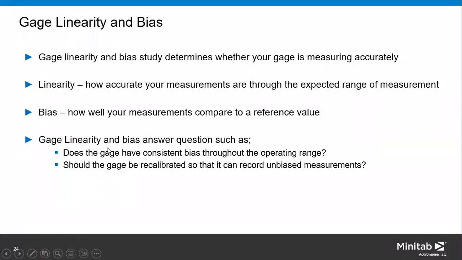So the Gage linearity and bias answer two questions. Does the Gage have consistent bias throughout the operating range, or should the Gage be calibrated so that it can record unbiased measurements? If you have this kind of question, you will try the Gage linearity and bias.